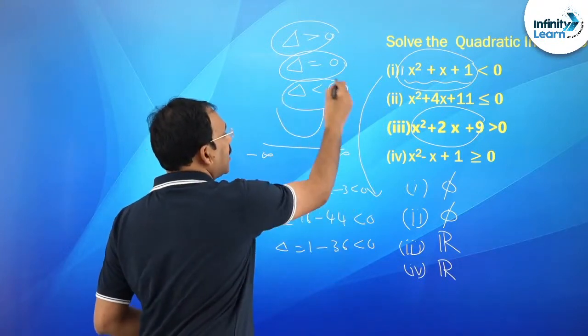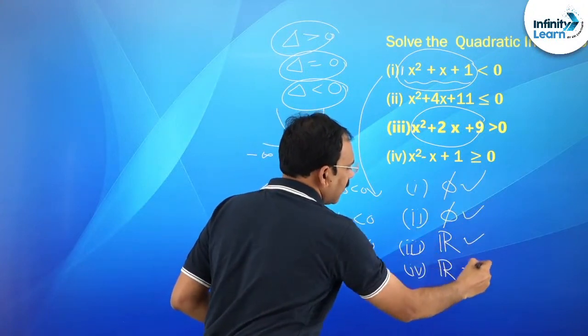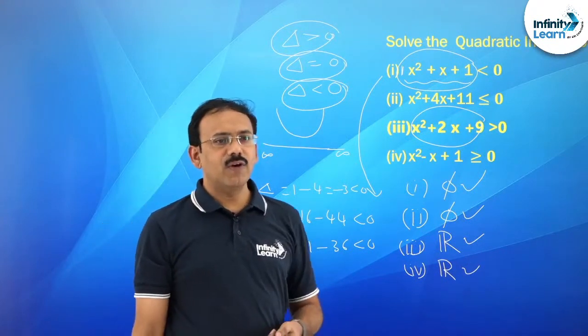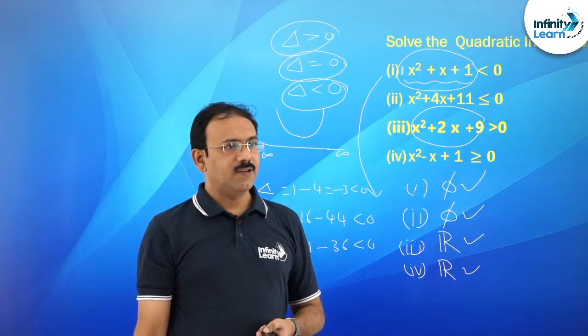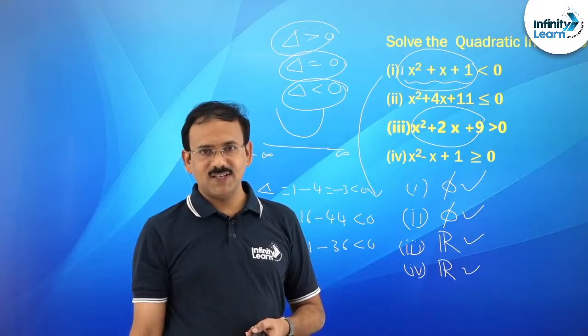Whereas delta negative case, the answer must be either phi or set of real numbers. That is it. Clear? I think now you are comfortably able to solve any quadratic inequation, right. Fine.